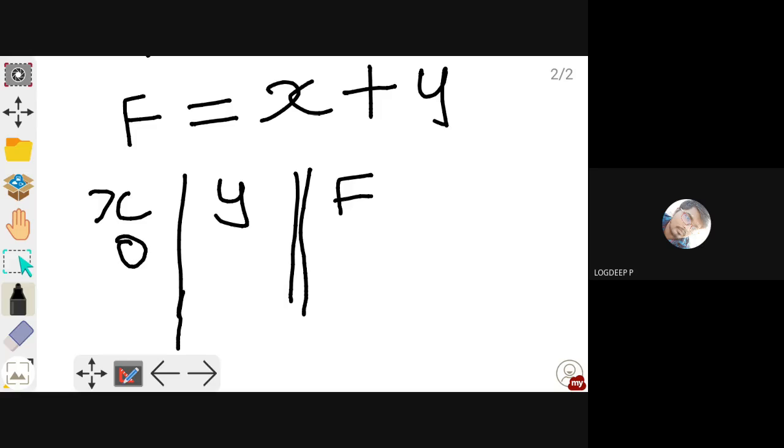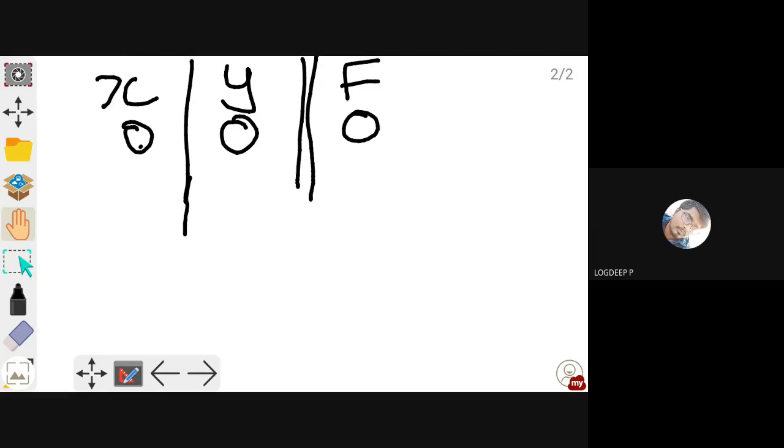For 0, 0: 0 plus 0 gives 0. That is false, false gives false. Next is 0 and 1. For 0 and 1 input, 0 logical OR 1, false and true, gives true.